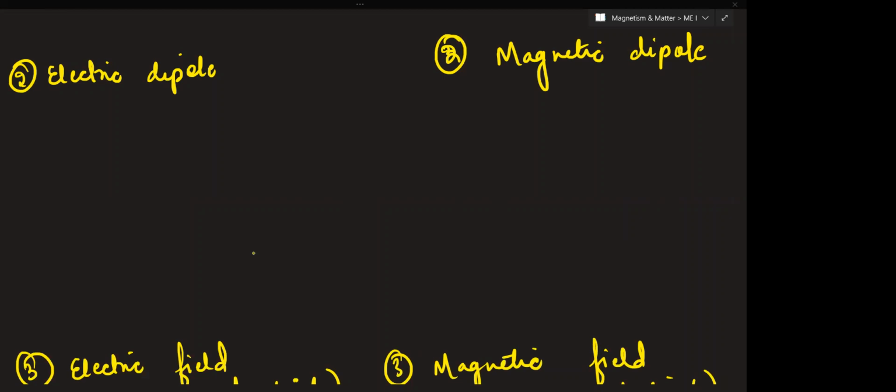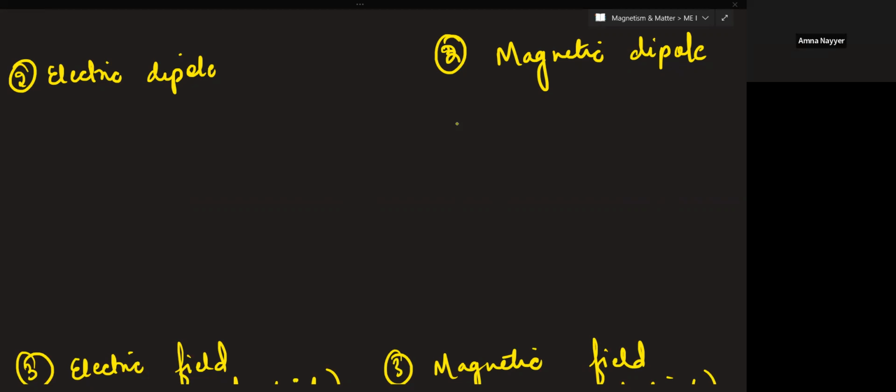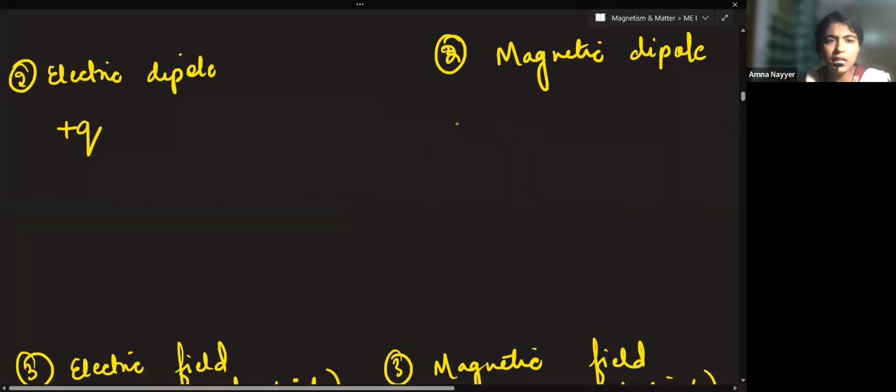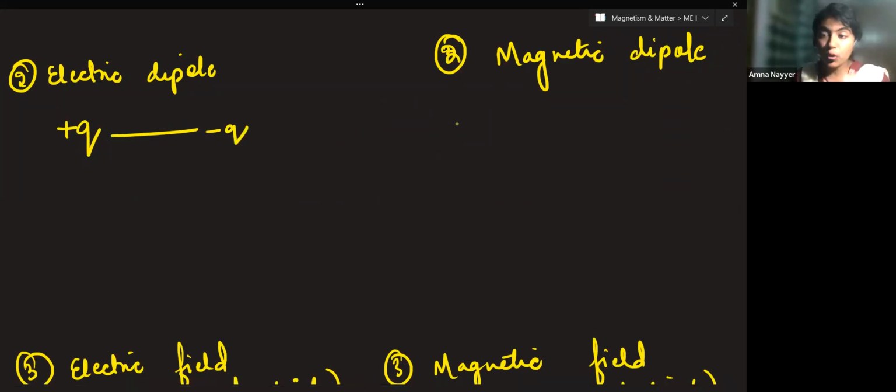Now the next quantity that you have is electric dipole. Electric dipole is a set of positive and negative charge, separated by a small distance. There is one condition for an electric dipole to exist: both the charges should have the same magnitude but opposite signs.